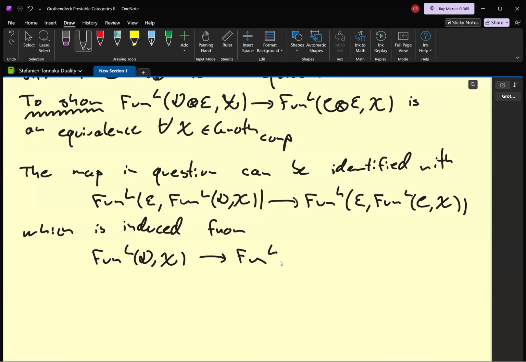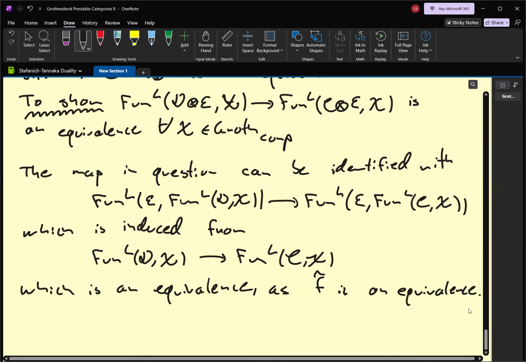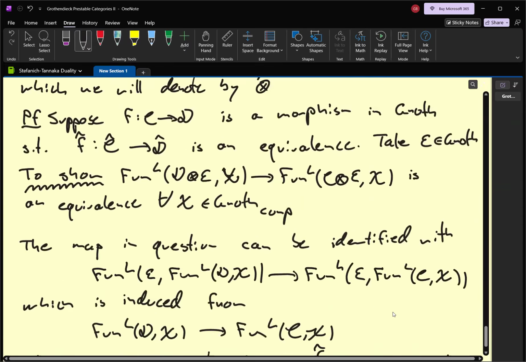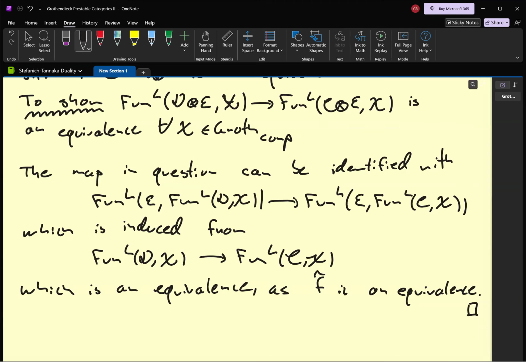But now this is an equivalence as f hat is an equivalence. Right? So this is kind of a very, very, very cheap proof, but I think it's kind of smart.